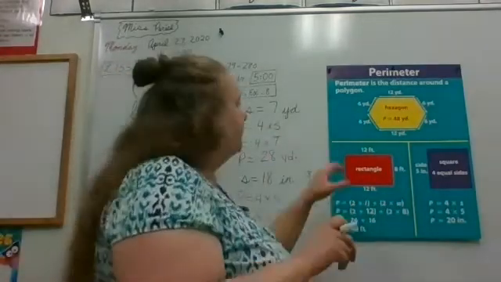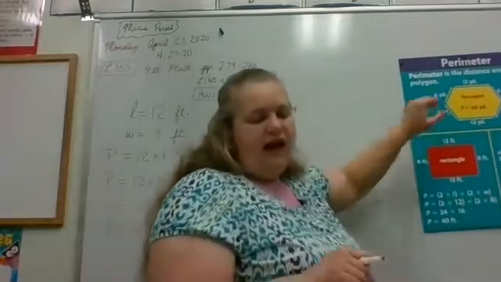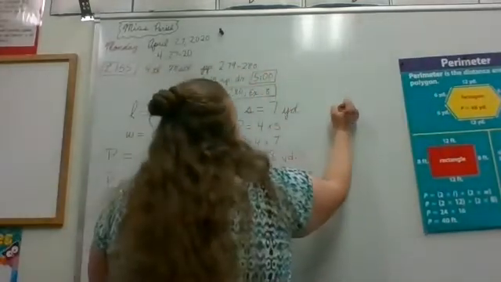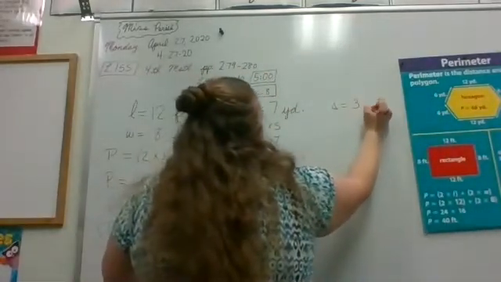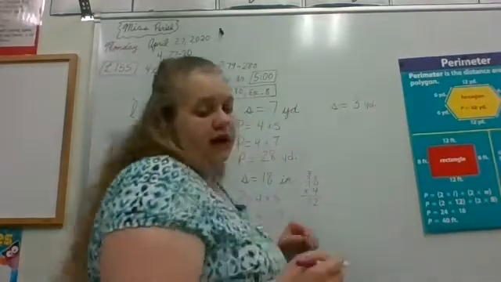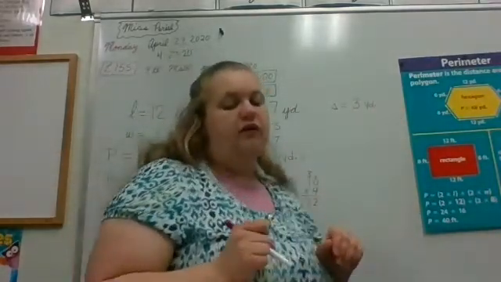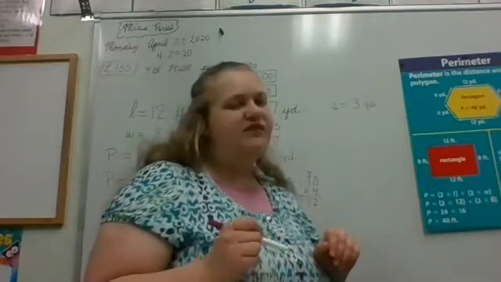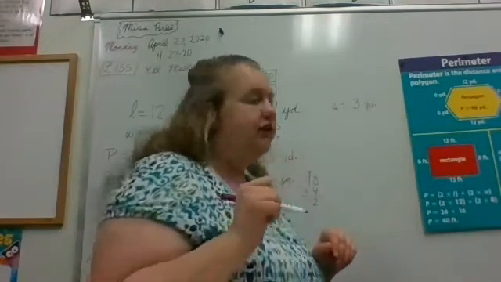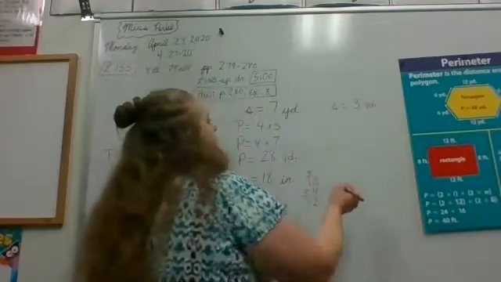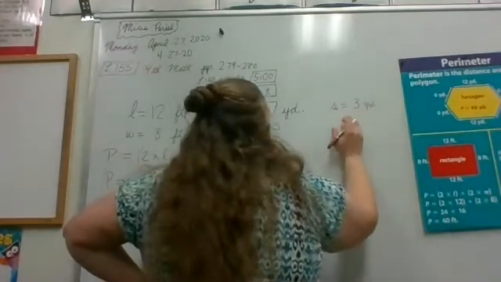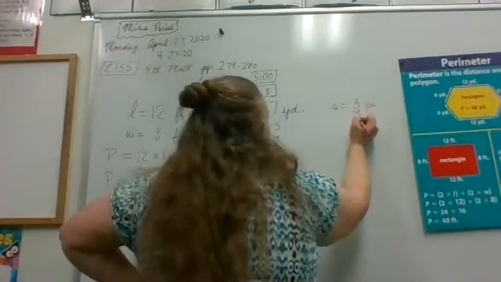I will do the first one with you, okay? The very first one, A is S equals 3 yards. This one, they ask you to find the perimeter of the square by using addition, okay? So we're not going to use our formula this time. So you could use that 3.